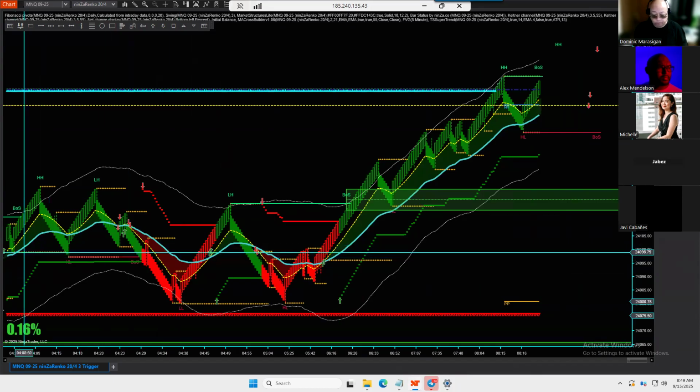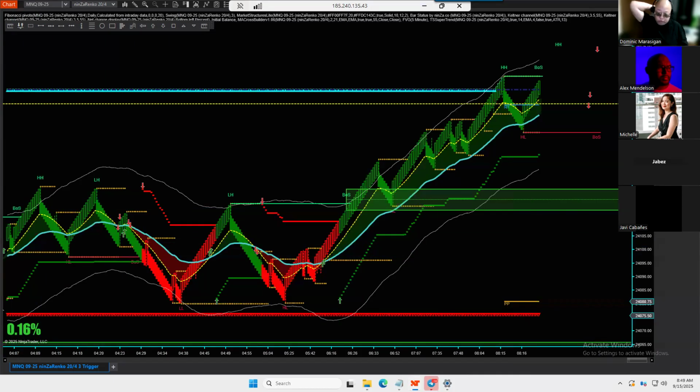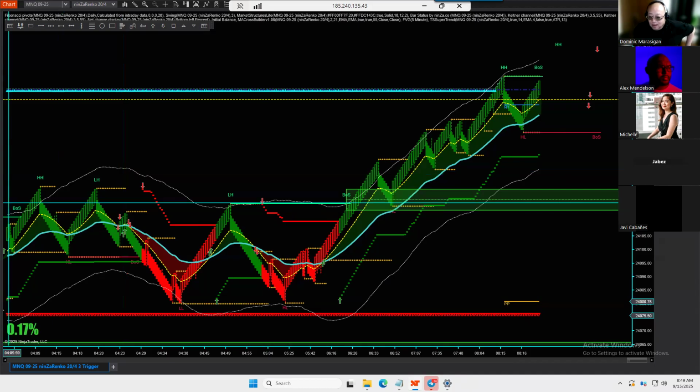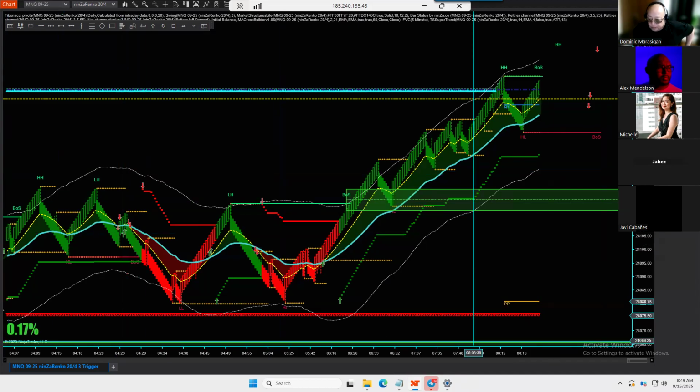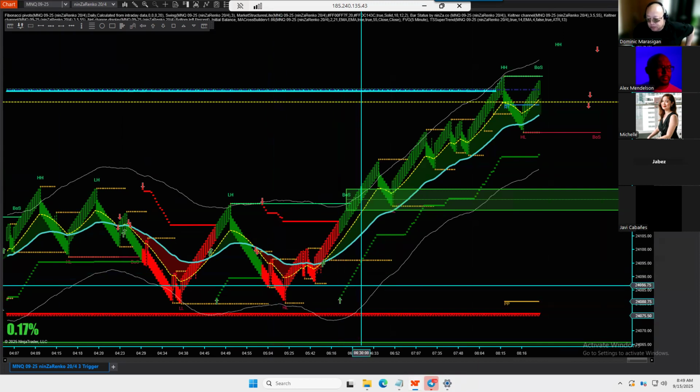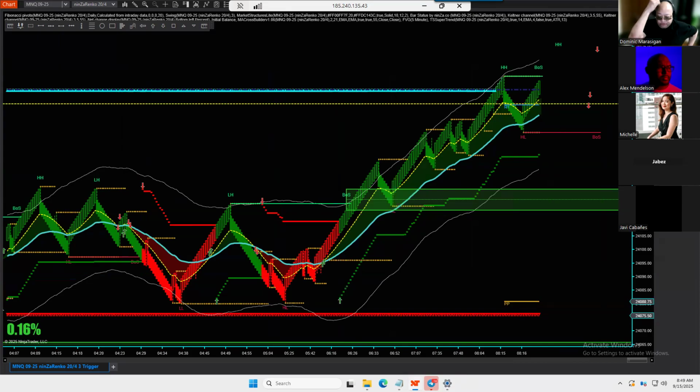But you also have the green arrow when the 21 EMA crosses. But you can see that was short-lived. It went back down. Here, this is good because now you have the green. Of course, the green arrows are first going to come from the 21 EMA because it moves faster.